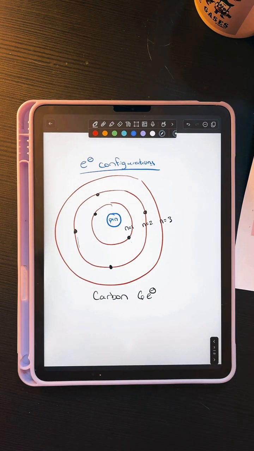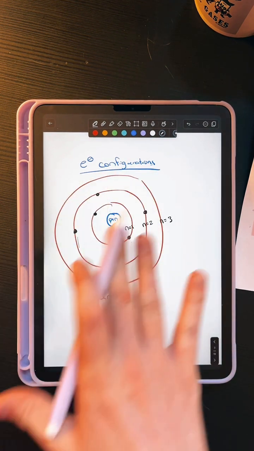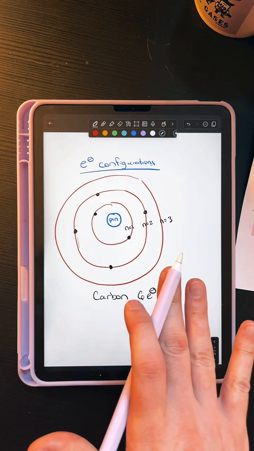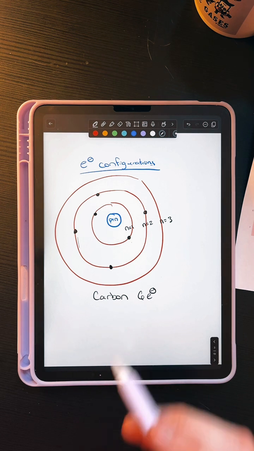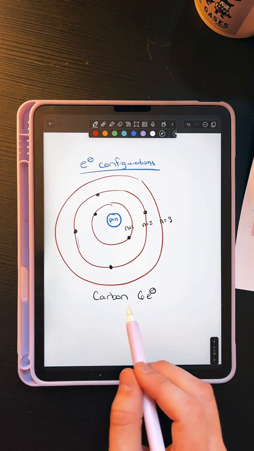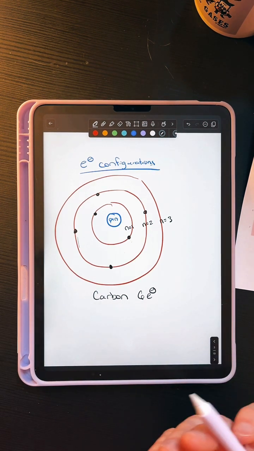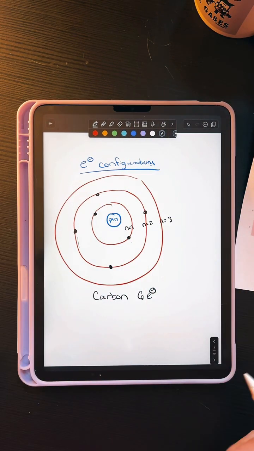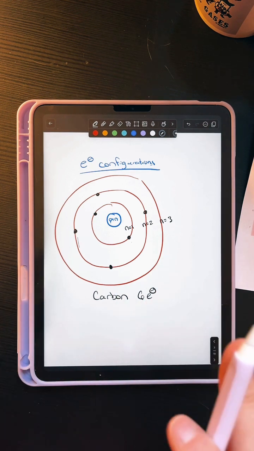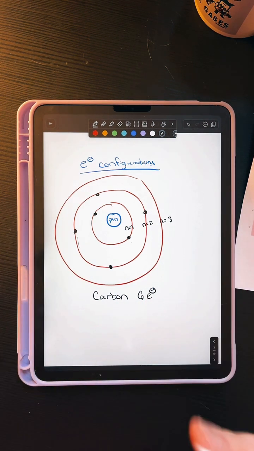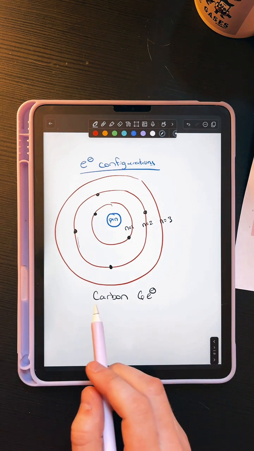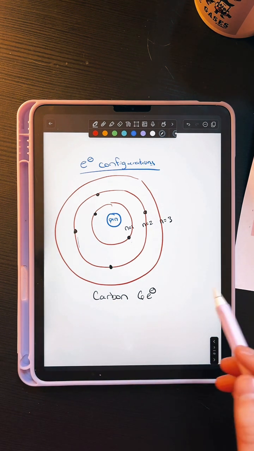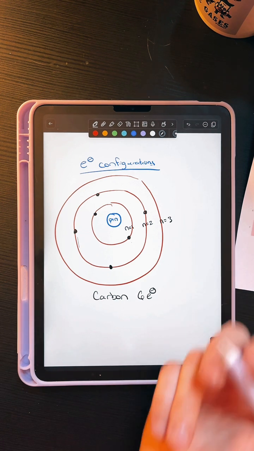Now, I don't know about you, but I wouldn't want to draw this anytime I'm talking about the electrons of carbon. I'm a chemist, not an artist. As you can tell, my circles aren't there. It takes a lot of room. I don't want to draw this. And this is where we can make shorthand to talk about the electrons and where they are.